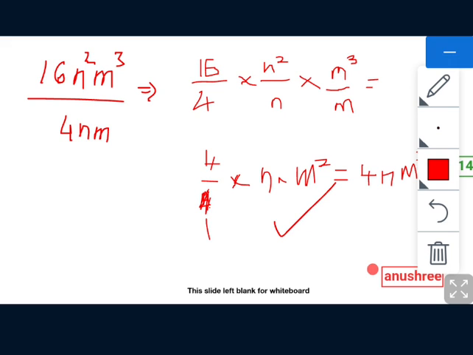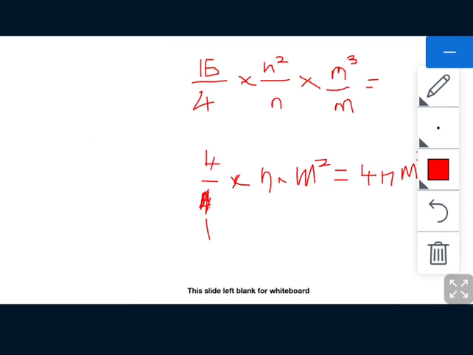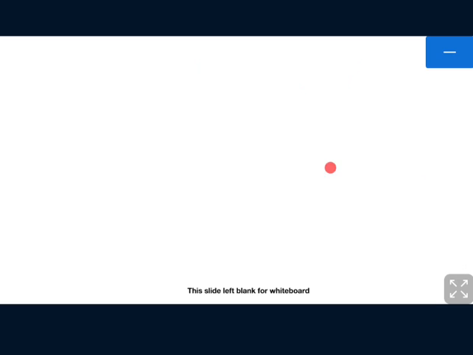Okay, now when the addition and multiplication are together, that means like this one. x plus 3, and you have to multiply it by 7.